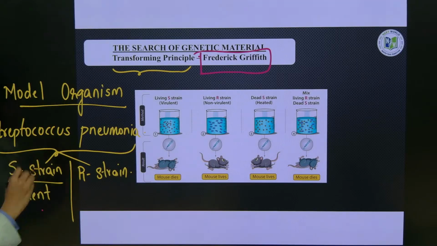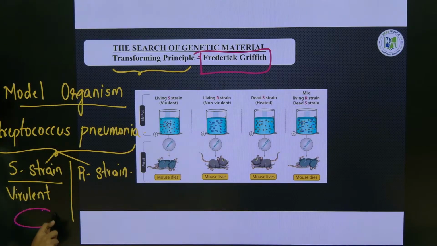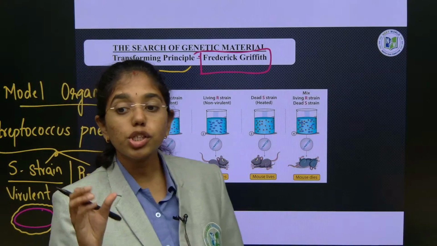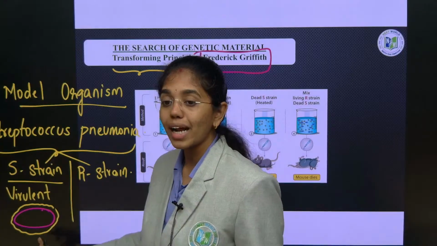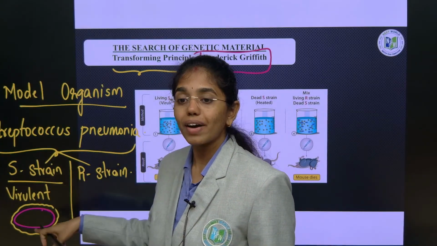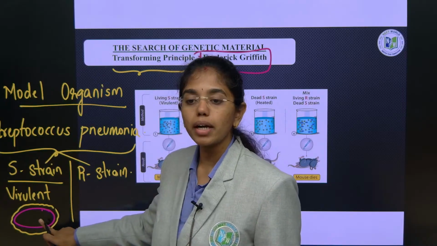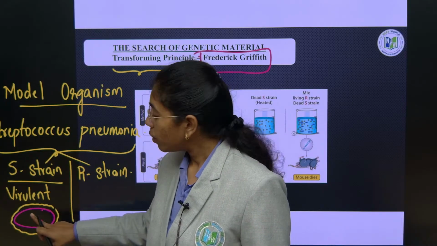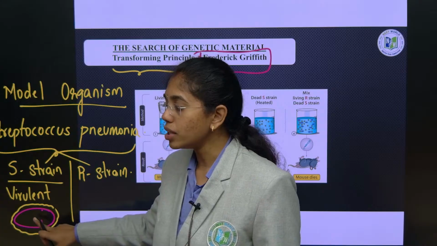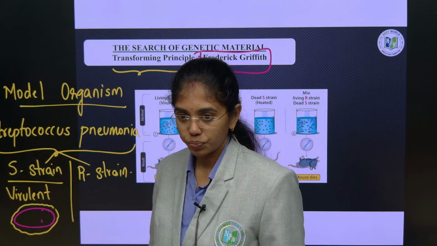Why is it virulent? If you consider this as a bacterial cell, around the bacterial cell it has a smooth shiny polysaccharide coat, which is giving it an extra coating and extra support to survive in the host immune system. This remains unaffected in the host body. When this is unaffected in the host body, this causes the death of the host, right?